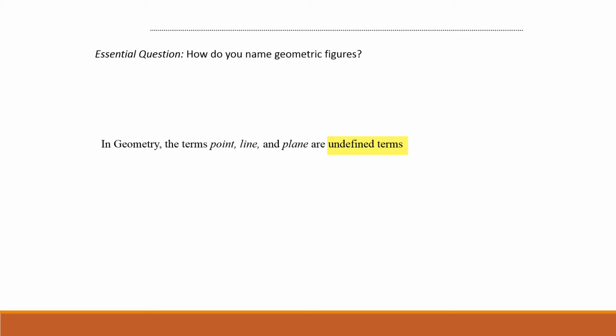We can't give it a size. Point is 0 dimension, line is 1 dimension, and plane is 2 dimensional, but they're infinite, so we can't measure them. So again, they do not have formal definitions because we can't really describe them, but we agree on what they mean.